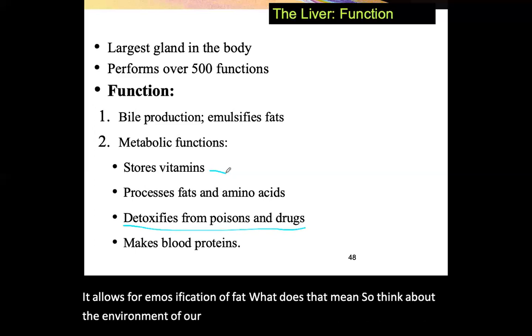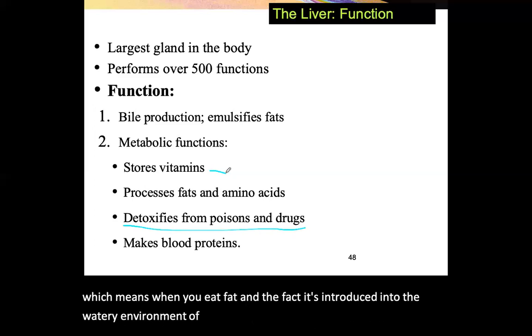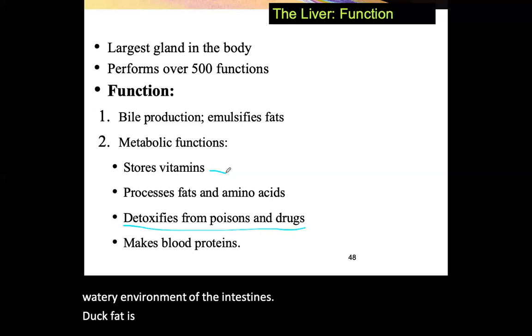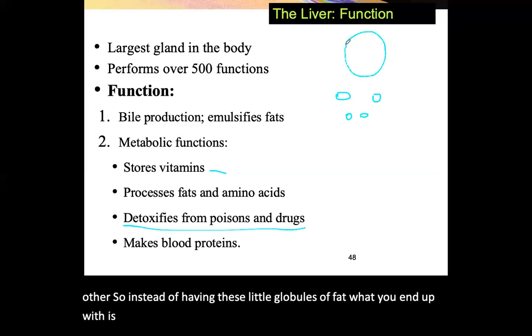Our body is mostly made up of water, which means when you eat fat and that fat gets introduced into the watery environment of the intestines, that fat is not happy. So all of the fat molecules are going to join each other.